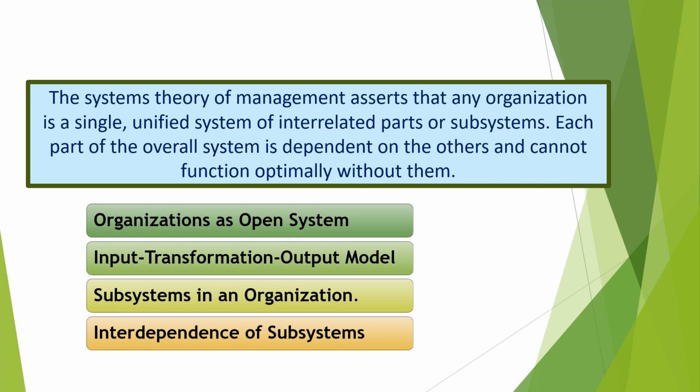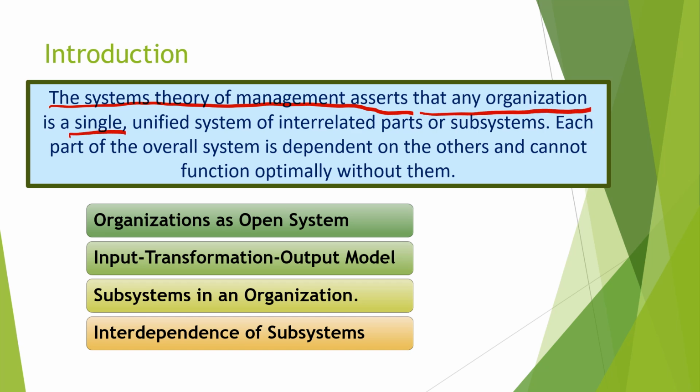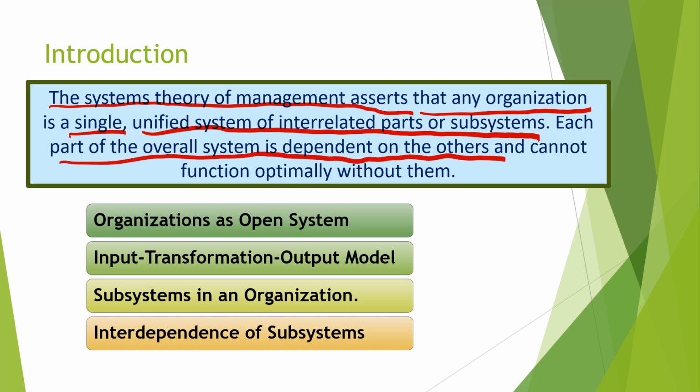Introduction of systems approach. The systems theory of management asserts that any organization is a single, unified system of interrelated parts or subsystems, and each part of the overall system is dependent on others and cannot function optimally without them.